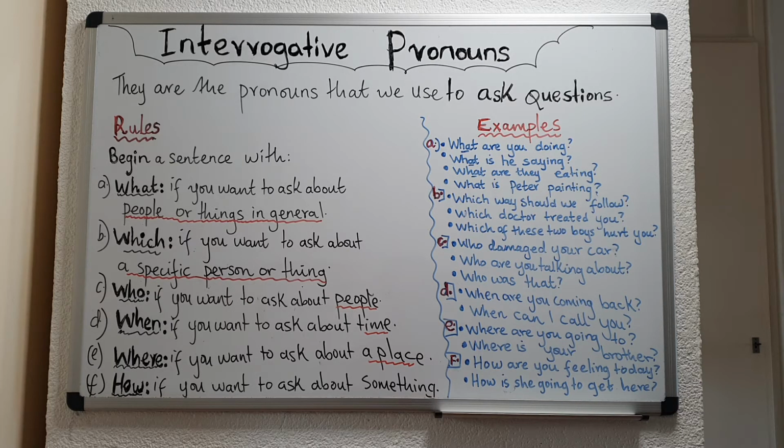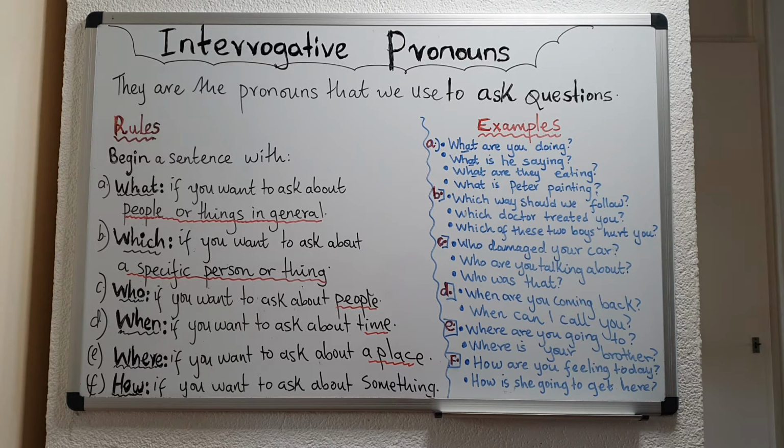You're asking somebody about something. It's a thing. What are you doing? Oh, I'm cooking. Or I'm teaching. I'm sleeping. Okay? So, what are you doing? You ask that question to get an answer about something in general.